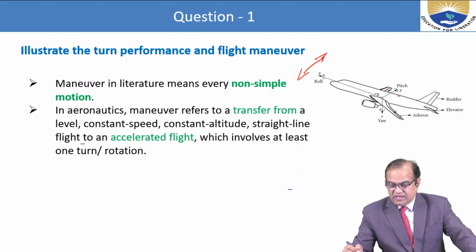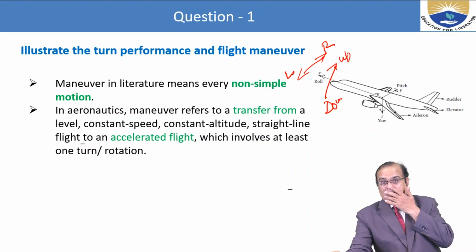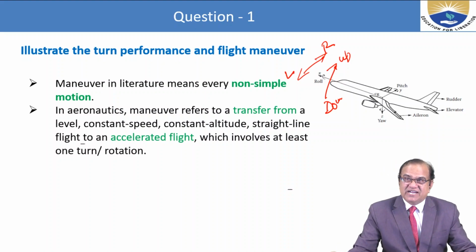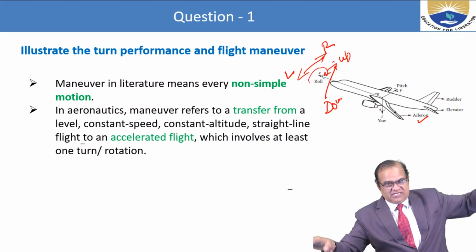This is one motion. If you use the elevator, the nose will go up and down. This is the right and this is the left; these right and left are decided from the pilot. And if you apply ailerons here, up and down, then it will roll with respect to the x-axis like this or this.